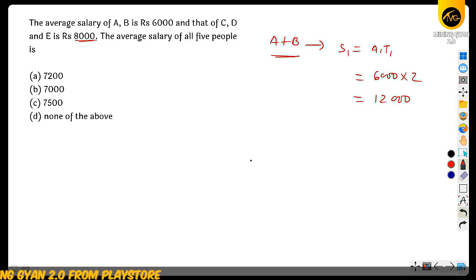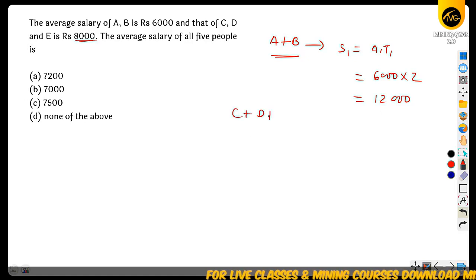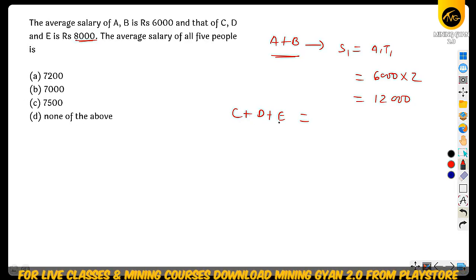Okay, the average salary of A and B, S1 is equal to A1 into T1. That is 6,000, and there are 2 persons, so multiply by 2. So 12,000. Similarly, for C, D and E, the average salary is 8,000.